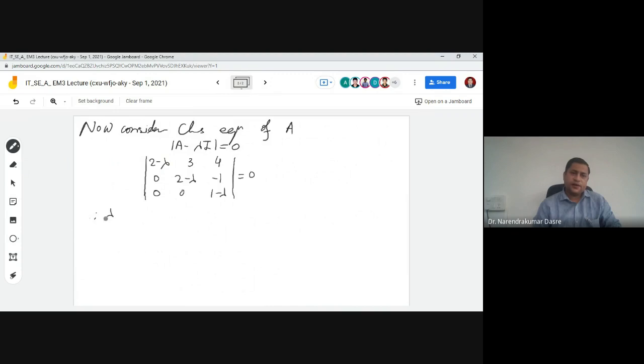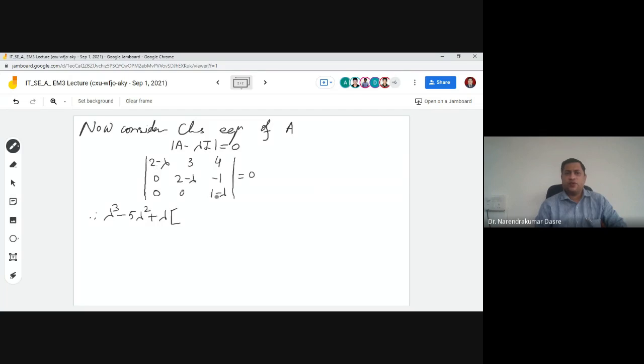Then directly you can have lambda cube minus 5 lambda square. What do you have next? Plus lambda, the minor for this 2. What will be the minor for this 2?